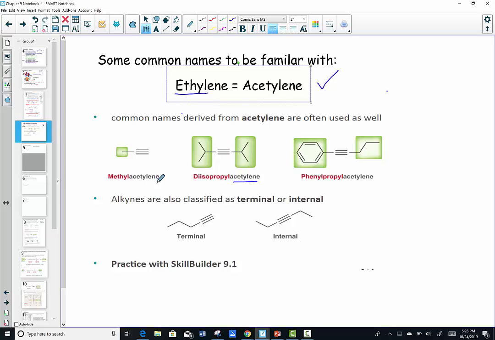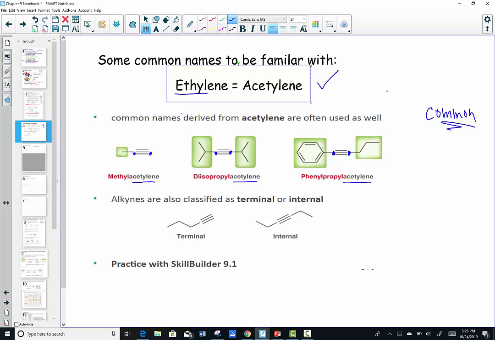So notice that each one of these has acetylene as its root word. It's a common name, not IUPAC, but a lot of people still say acetylene. So acetylene is a 2-carbon, triple bonded functional group in a common name. Not IUPAC, but it's common.